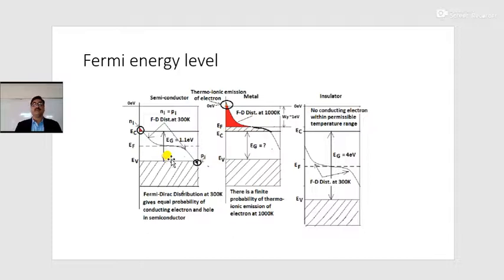And in this way, Fermi energy level is the level where the probability of finding electrons is more at 0 Kelvin temperature.